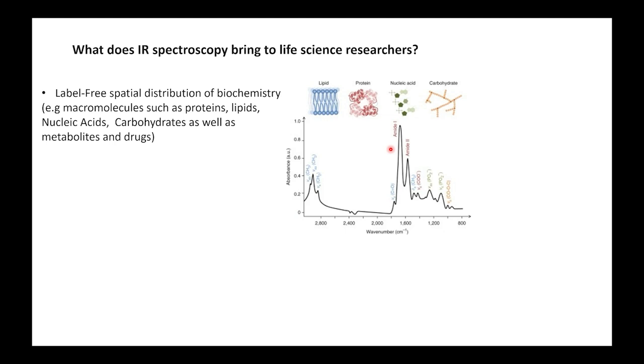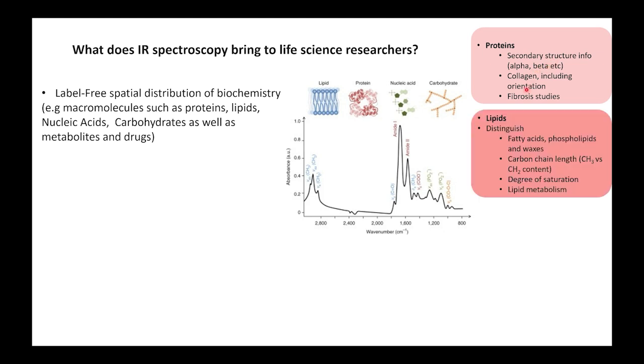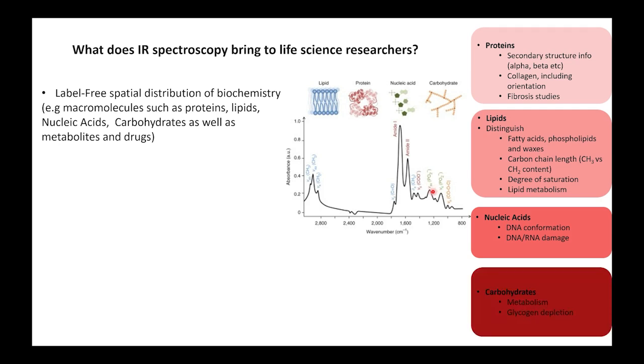Most of these bands and peaks are from the macromolecules, so proteins, where secondary structures work out quite well. Collagen and lipids have really nice unique bands and peaks, so you can look at lipid chain length and degrees of saturation. Nucleic acids turn up around about here, so you could look at key nucleic acid features, and carbohydrates also have nice strong spectral features.